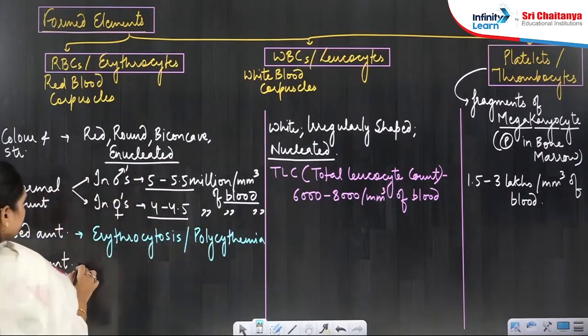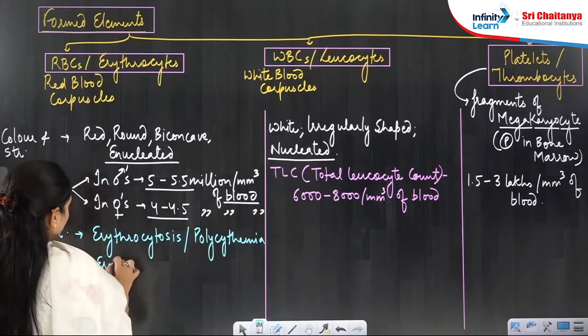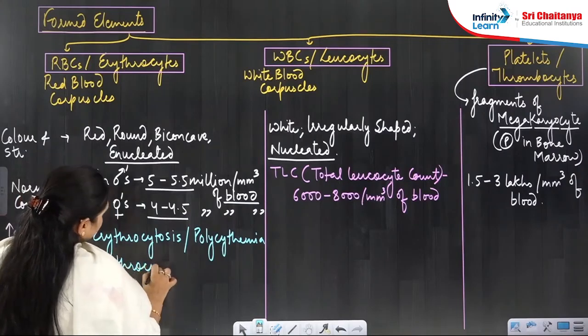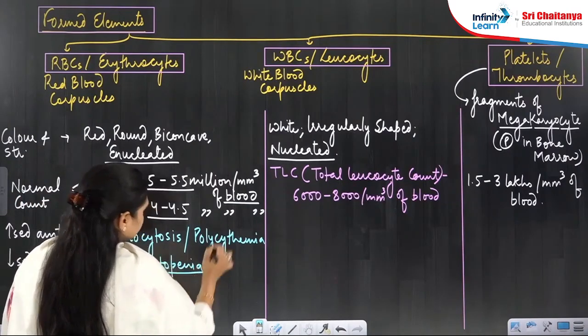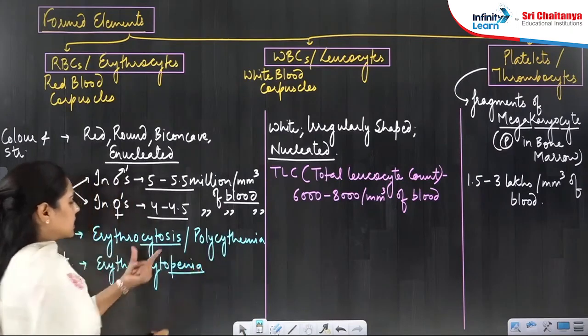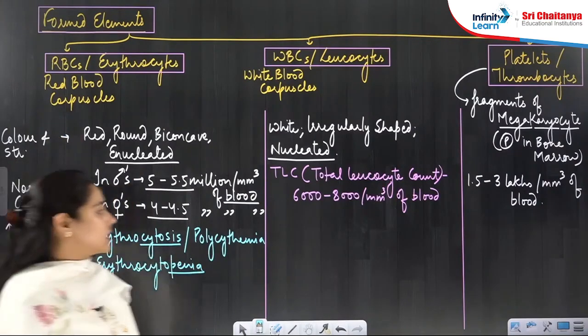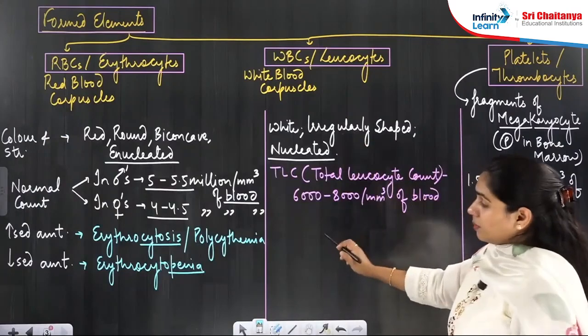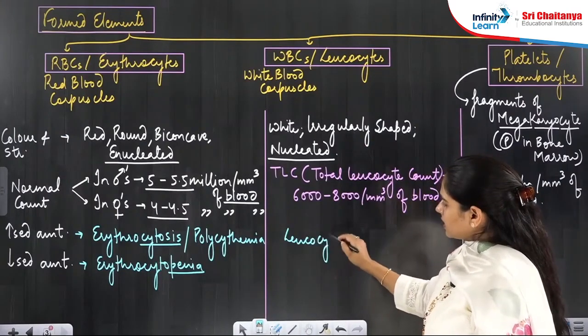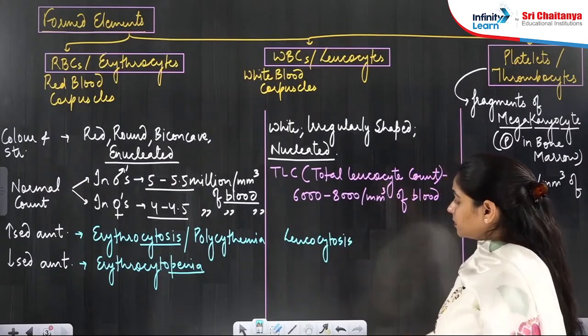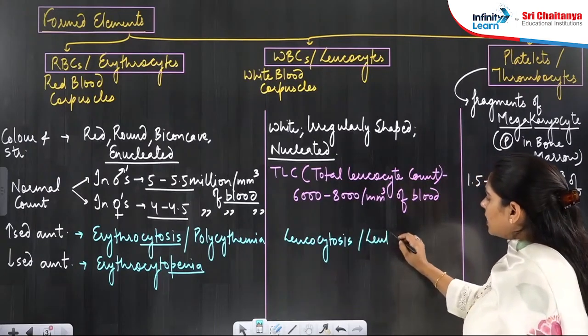Whereas a decreased amount is known as erythrocytopenia. Wherever there is penia, that means decreased amount. Wherever there is cytosis, that means increased amount. Similarly, for the WBC, it is leukocytosis, or you can say leukemia.